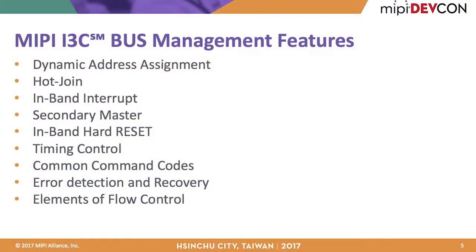Now, those bus management features that make the interface intelligent are listed on your screens. One is the dynamic address assignment, which makes it possible to set a priority rank for the devices on the bus.